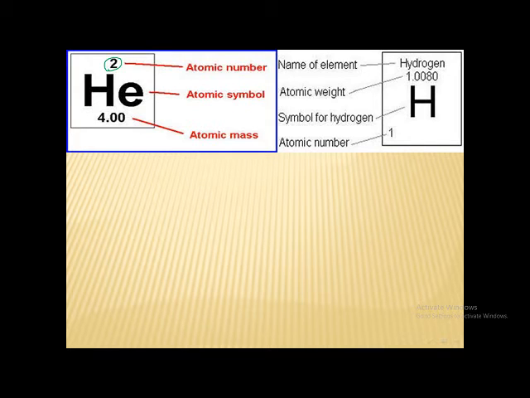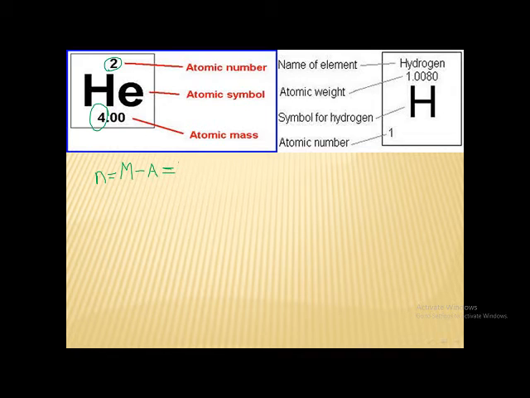We determine the number of neutrons. The number of neutrons is the mass number minus the atomic number.